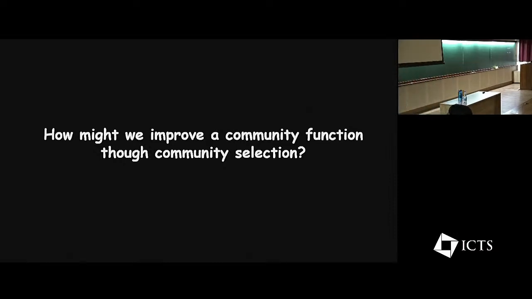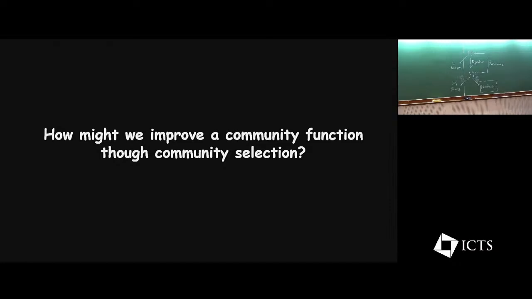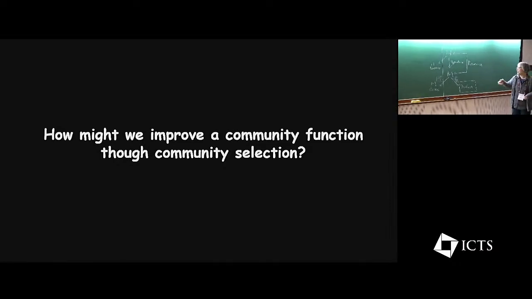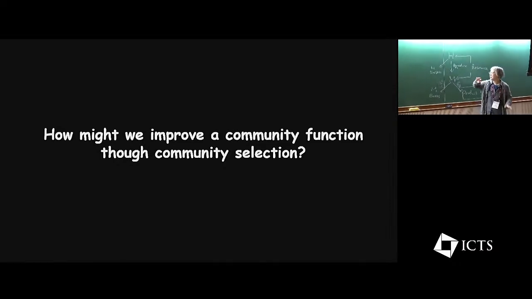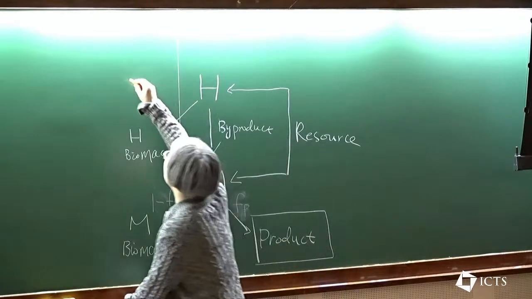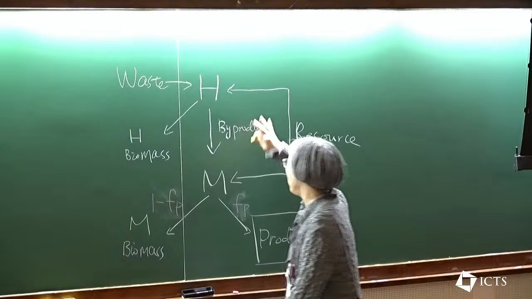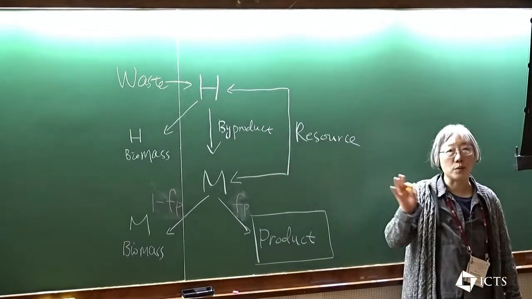So the first motivation: we want to select communities because in communities, species interact and can thus perform functions that single species cannot do. In this classic case, in the sense of bioengineering, you have a helper and a manufacturer. The helper can degrade some waste, for example cellulose waste. The helper and manufacturer compete for some resource, like a nitrogen source.